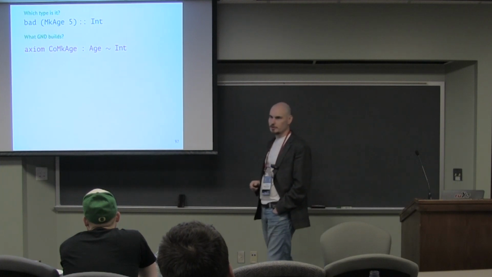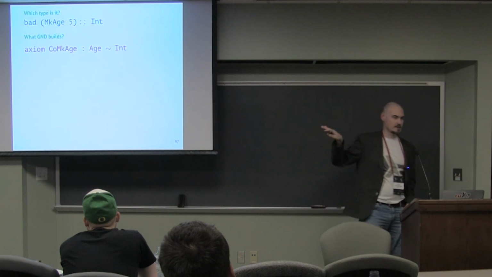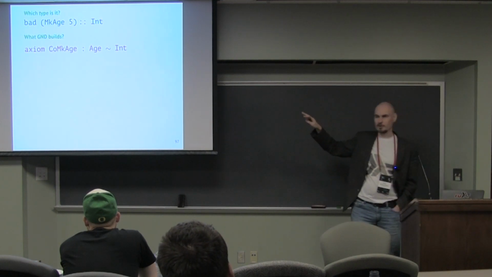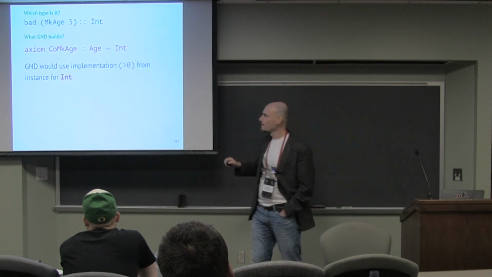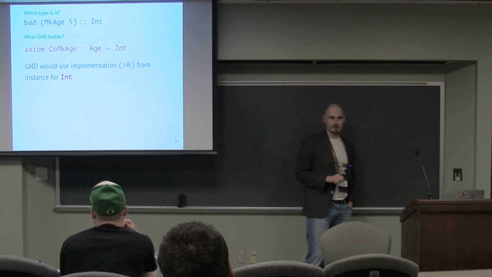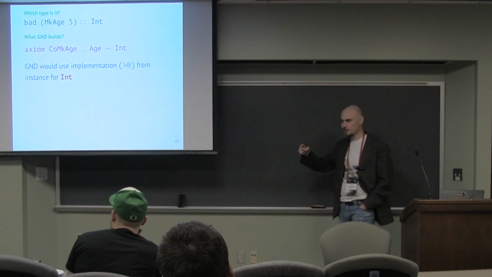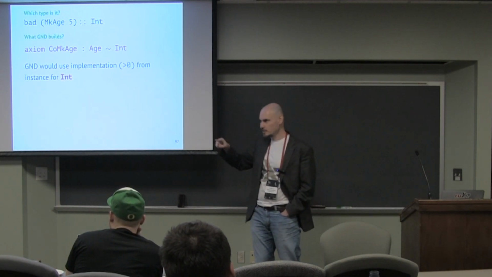Then you look at generalized newtype deriving. It works in the presence of this axiom that Age is coercible to Integer. And that means that it will use the same implementation as the implementation of Int, which will be greater than 0.